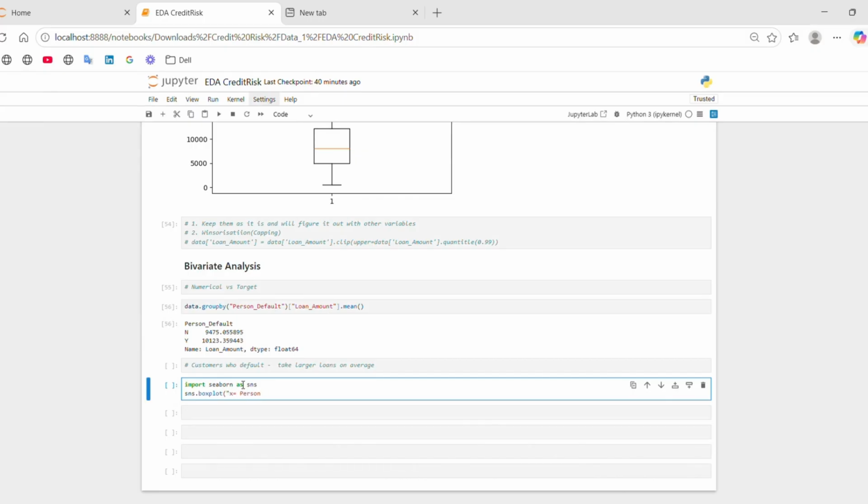Box plot, in this my x-axis is person default, and my y is loan amount.